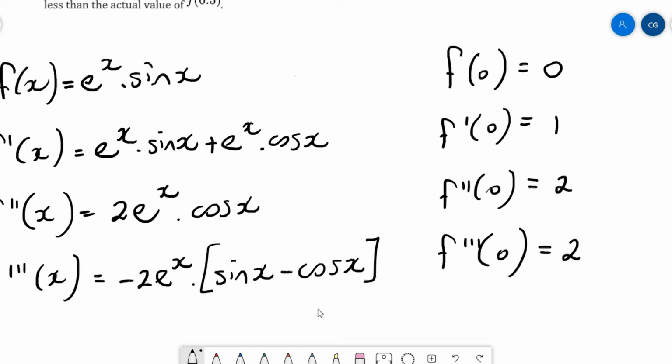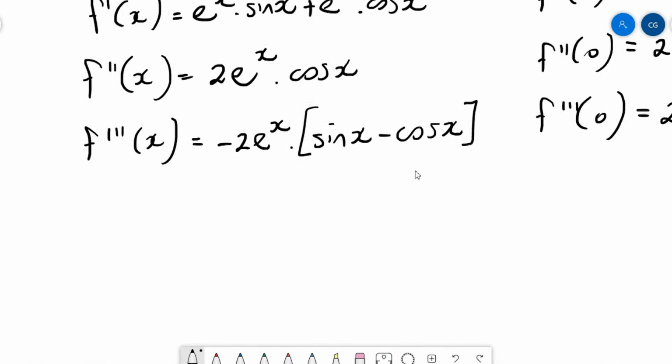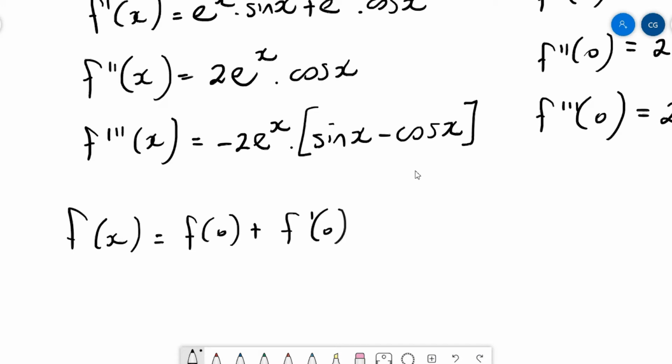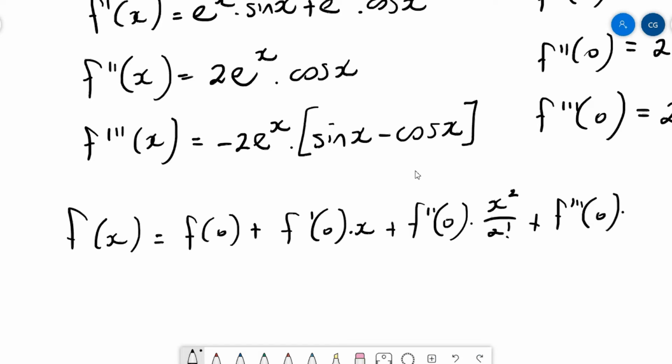Now, for a Maclaurin series, we have the following. We know that f of x is equal to f of 0 plus the first derivative at 0 times x plus the second derivative at 0 times x squared over 2 factorial plus my third derivative at 0 times x cubed over 3 factorial.